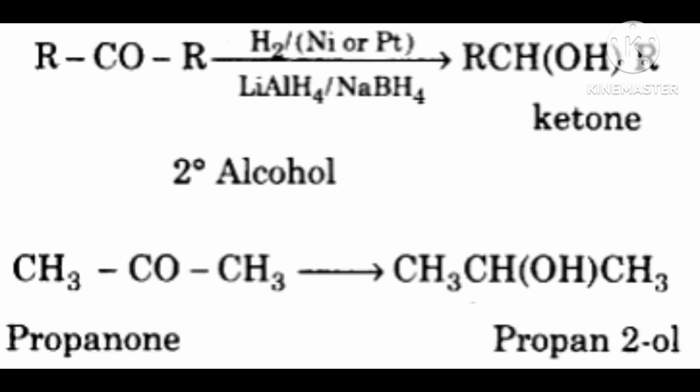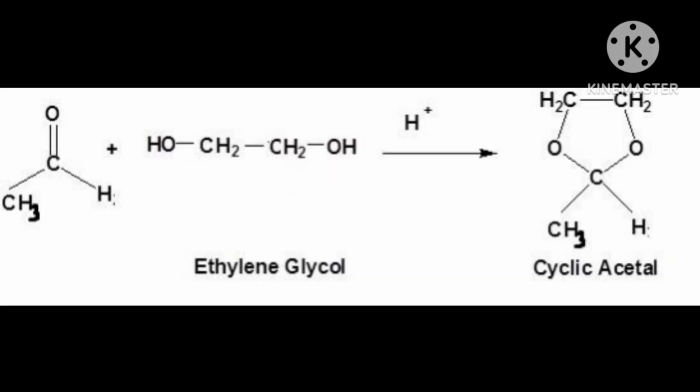Ketone reacts with ethylene glycol under similar conditions to form cyclic products known as ethylene glycol ketals. Ketals. The name came from ketone, because this reaction belongs to the ketone. That's why it is known as ketals. Then the product formed is known as glycol ketals.